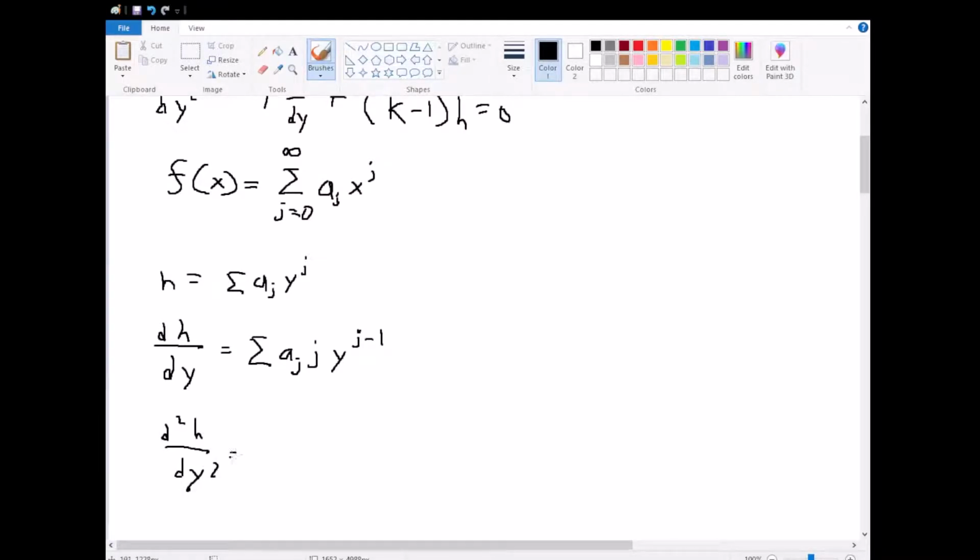This is going to give us the same summation from 0 to infinity, and let's just write it to be clear, aj multiplied by j times j minus 1, times y to the power of j minus 2.